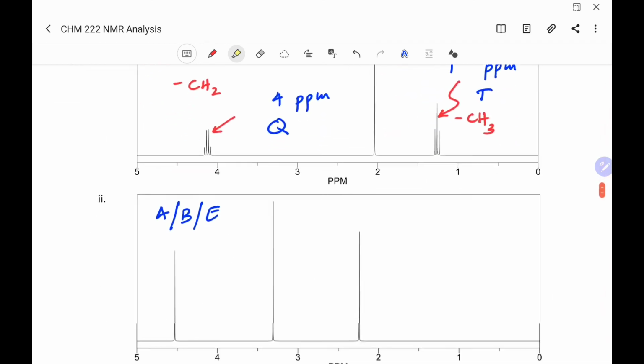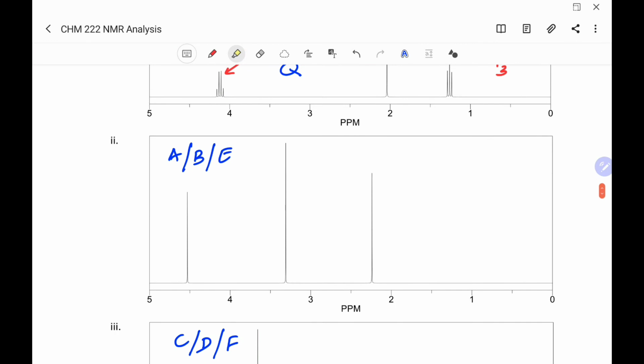So let's take a look at the second one. It does not have a splitting pattern, so it should be either A, B or E. You have a peak around 2 ppm, and then you can see this is between 3 to 4 ppm, and this one right here is around 4 to 5 ppm.